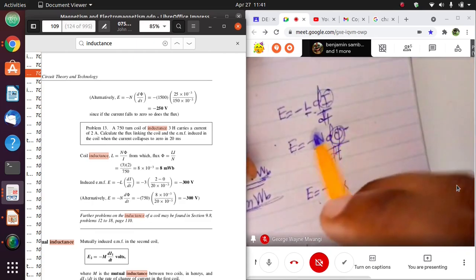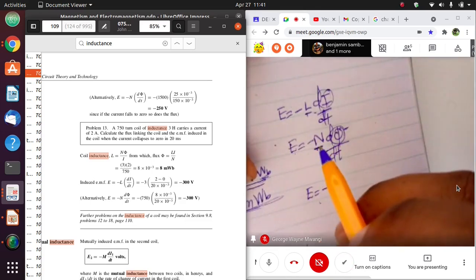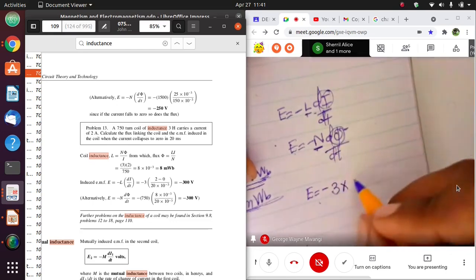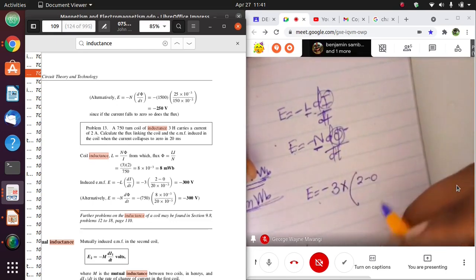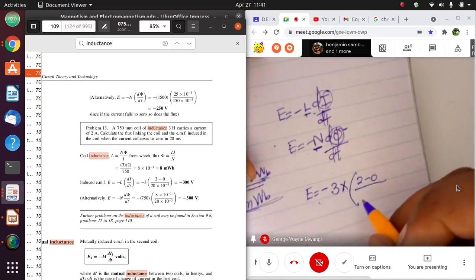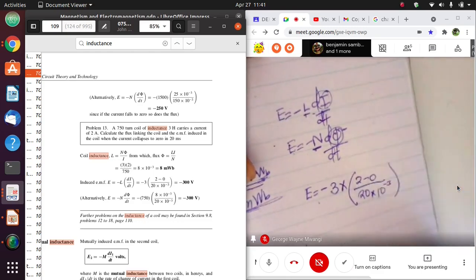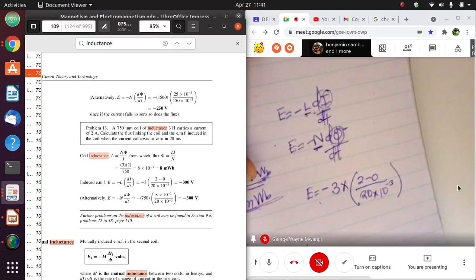Now, we are being told that the current is falling from 2 to 0. So the change in current will be from 2 to 0, in a time of 20 milliseconds. Now, when you change milliseconds to seconds, it becomes times 10 raised to power negative 3, or divided by 1,000.